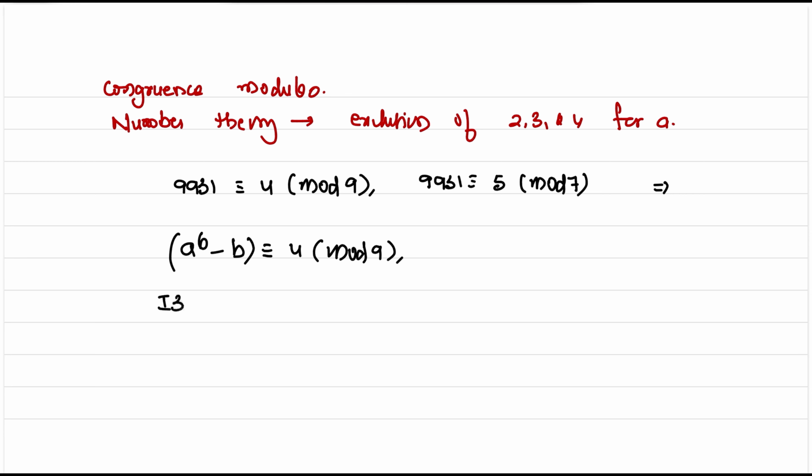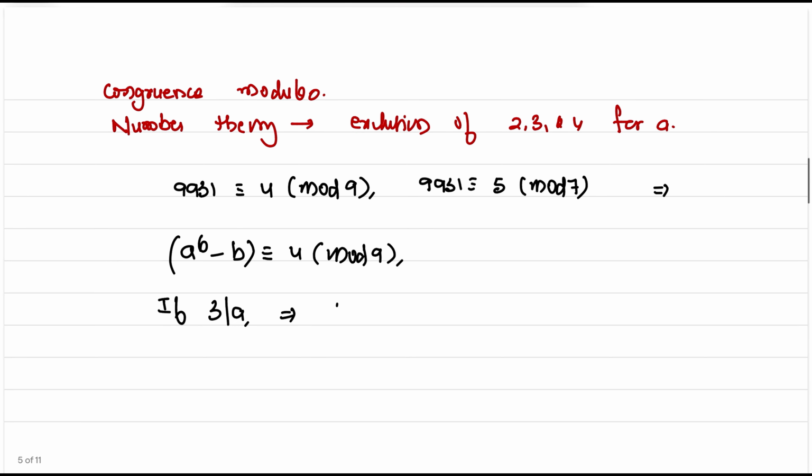If 3 divides a, then a to the power of 6 is equivalent to 0 mod 9. Do you agree?